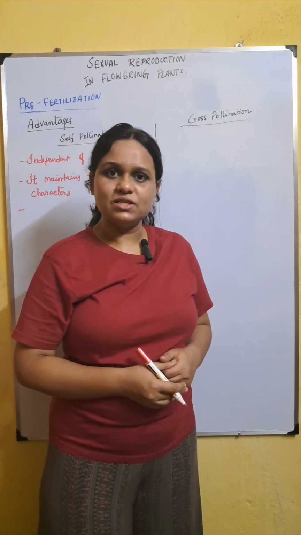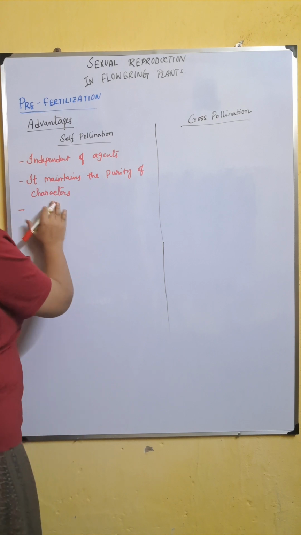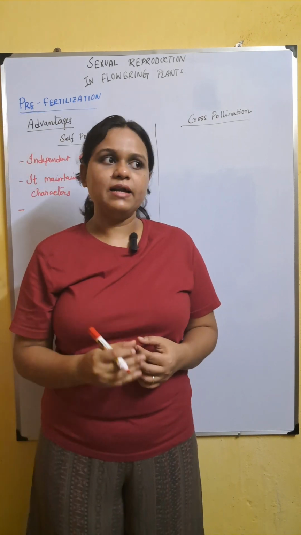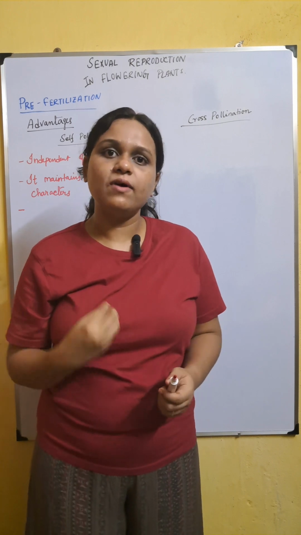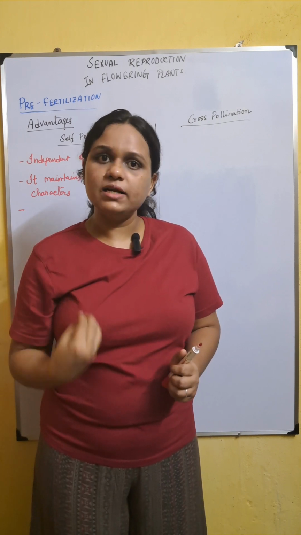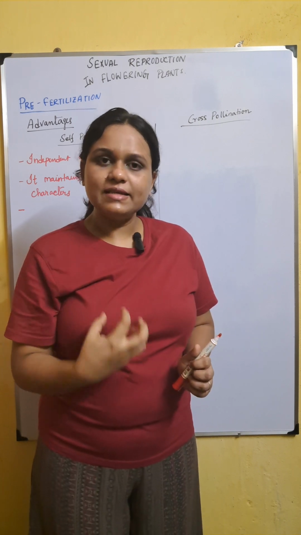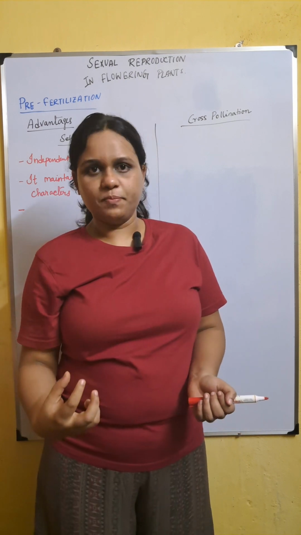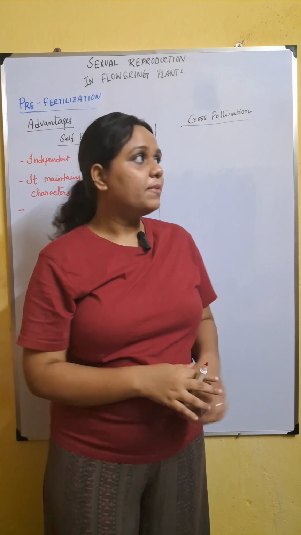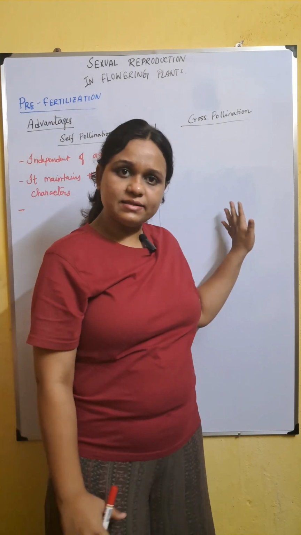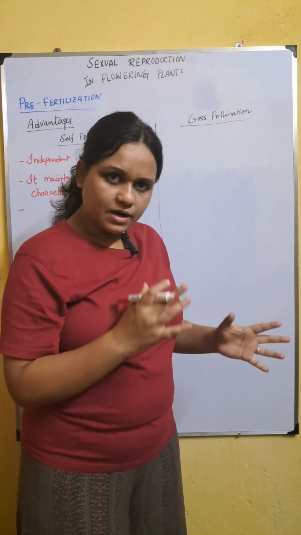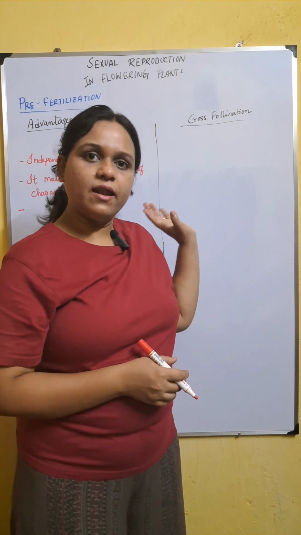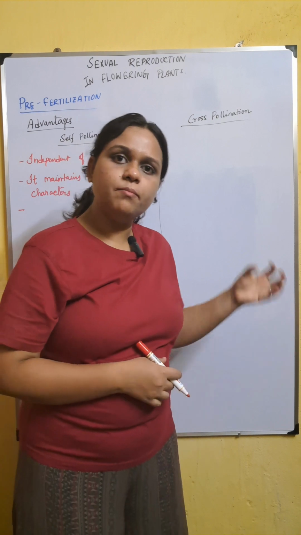For example, if a plant produces a very good quality of fruit or very good quality of ripened fruit, this character will be maintained from parents to the offspring in case of self-pollination. But in case of cross-pollination, as there is a cross in fertilization between two different plants of the same species, a single character cannot be maintained properly.